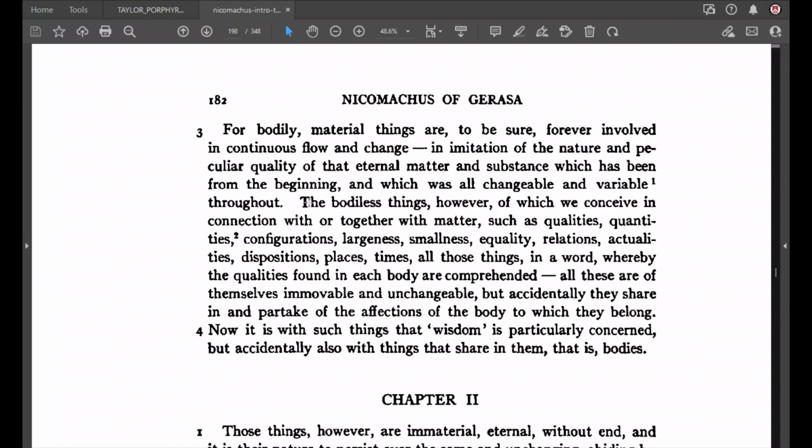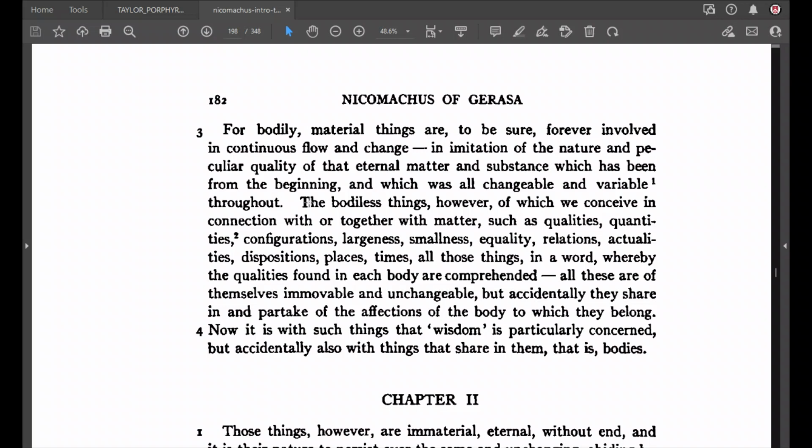Qualities, quantities, configurations, largeness, smallness, equality, relations, actualities, dispositions, places, times, all these things, in a word, all these things whereby the qualities found in each body are comprehended, these are immovable and unchangeable.